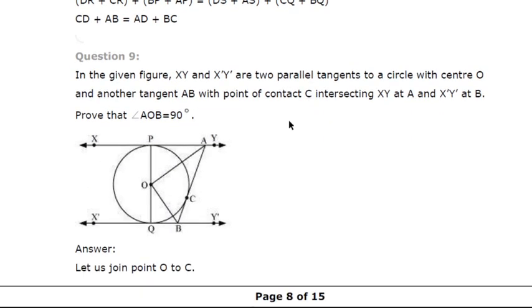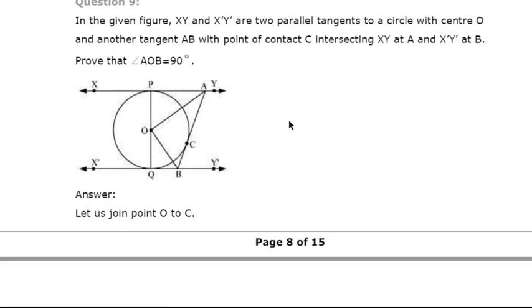Now question number 9. In the given figure, XY and X dash Y dash are two parallel tangents to the circle with the center O. Another tangent AB with point of contact C intersects XY at A and X dash Y dash at B. Means here A and here B, it intersects and the contact point is this C. Now you have to prove that angle AOB equals 90 degree.